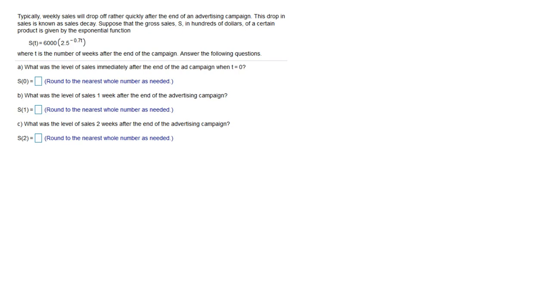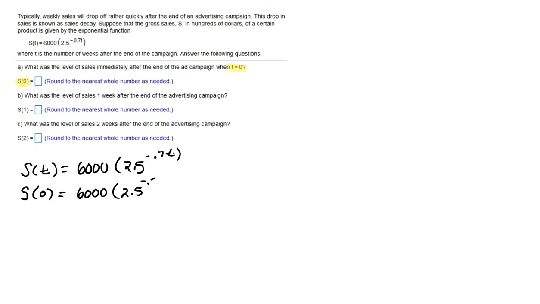So we want to take our function that represents sales, S of t equals 6,000 times 2.5 to the negative 0.7t, and in that first part, we're wanting to let t equals 0, finding S of 0. S of 0 will be 6,000 times 2.5 to the negative 0.7 times 0.